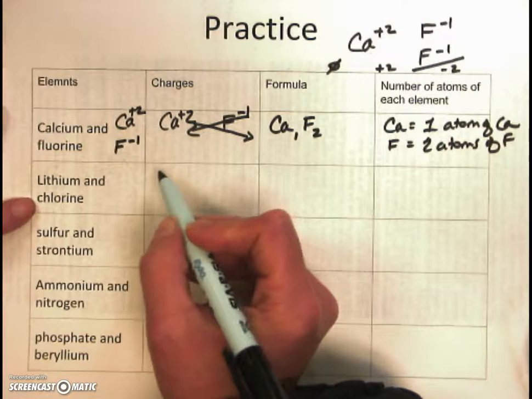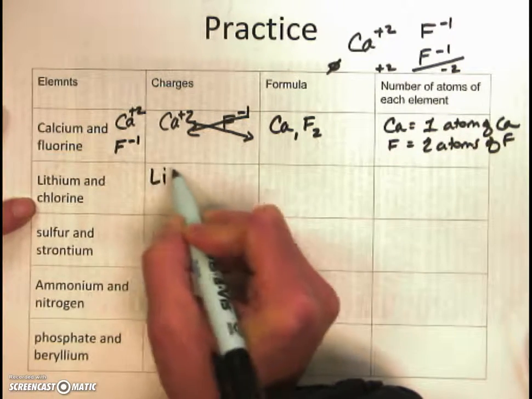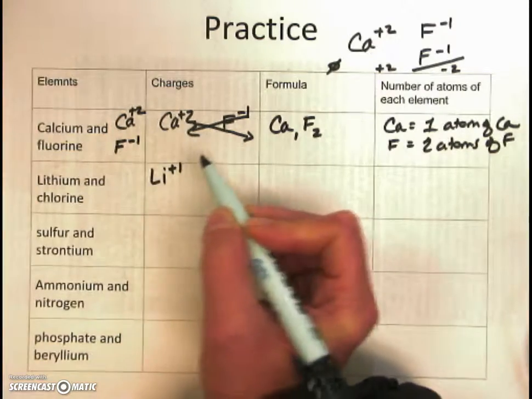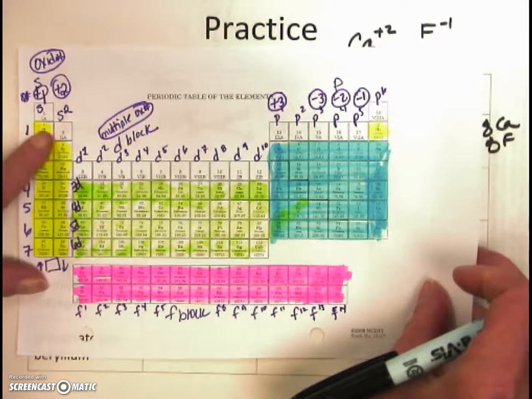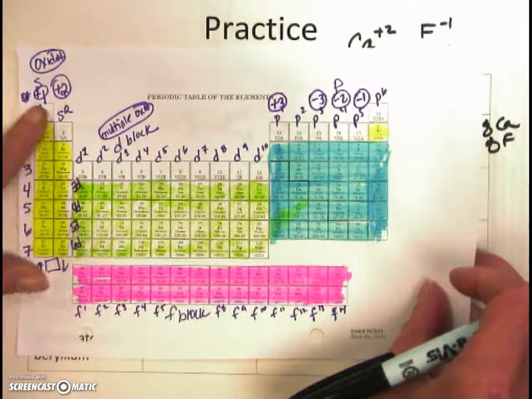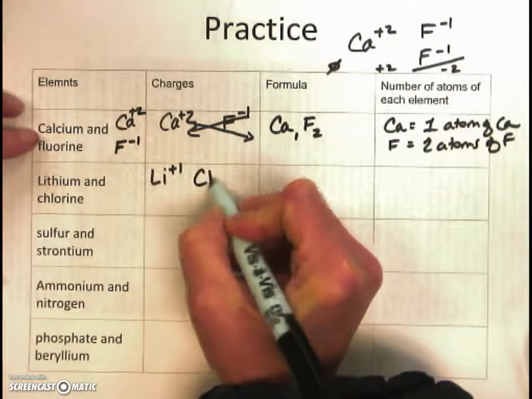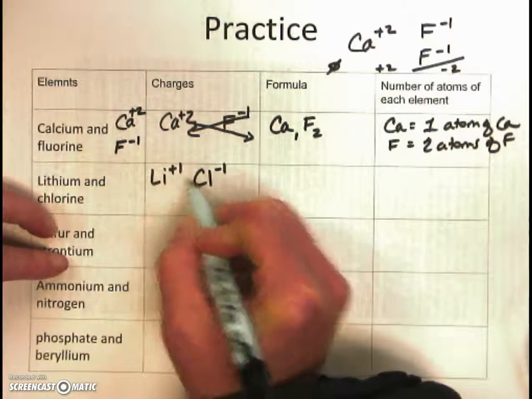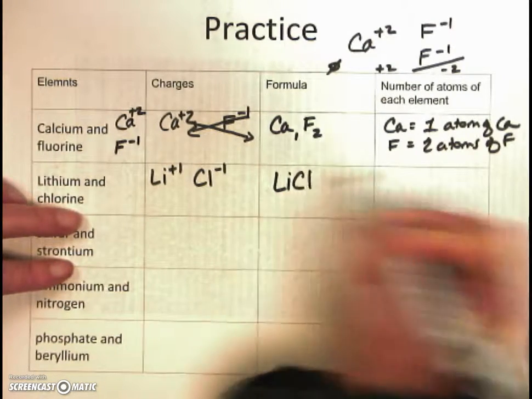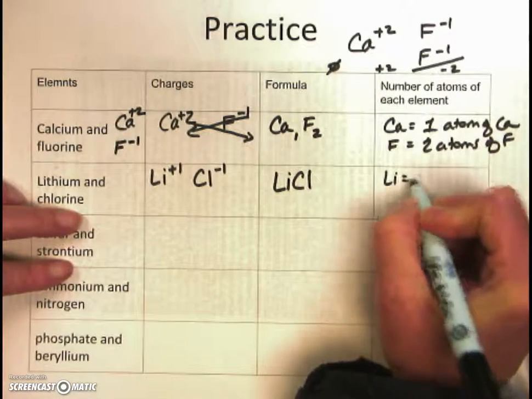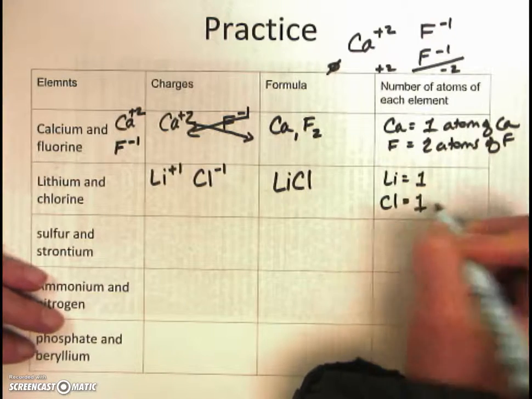So lithium and chlorine. Lithium has a +1 charge, and you know that because it is an alkali metal, and alkali metals have 1 valence electron, so they're going to form +1 charges. Chlorine has a -1 charge, so you cross just the numbers, and it'll be LiCl. For the lithium, there's 1, and for the chlorine, there's 1.